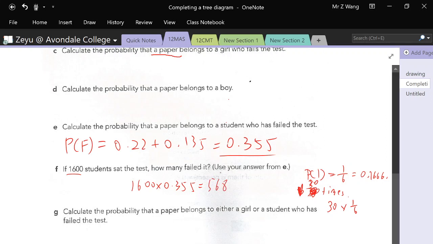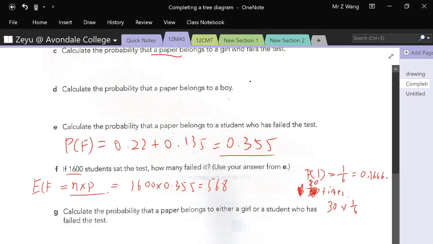Now let's generalize this. I don't think they told you this, but this is an expected value. So the expected value of fail is the number times the probability.